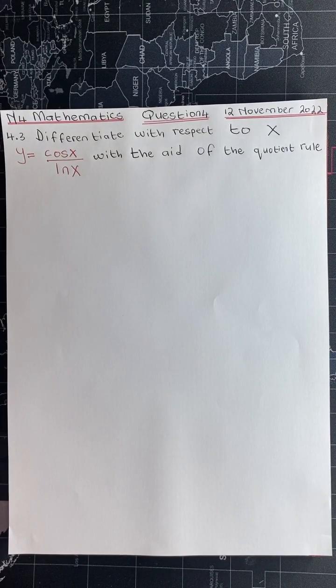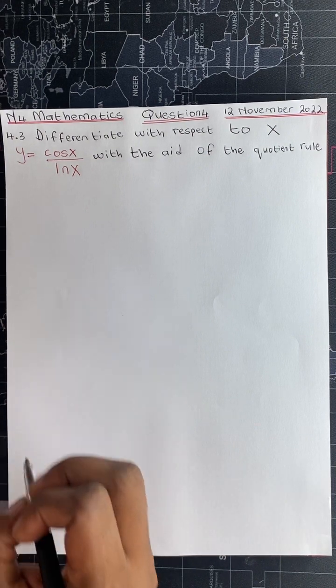Question 4.3, we have to differentiate with respect to x. y is equal to cos x divided by ln x, with the aid of the quotient rule. So let's first define our quotient rule.